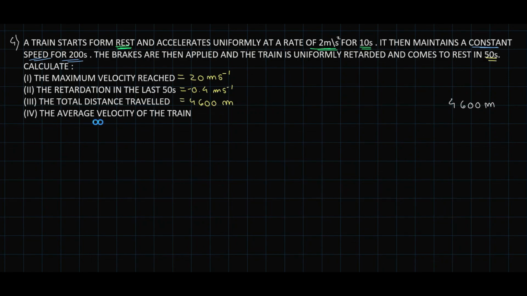This question wants us to find the average velocity of the train. We know that average velocity v is total distance upon total time taken. So the total distance, as we found in the previous question, is 4600 meters, and the total time taken would be the summation of 10 plus 50 plus 200.